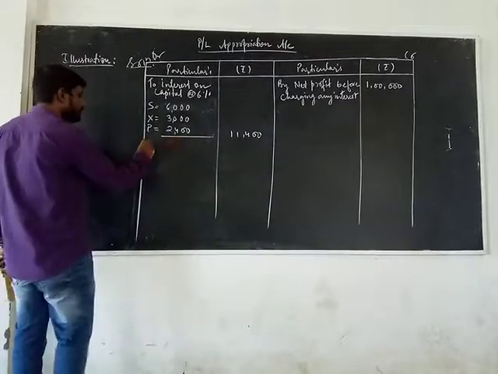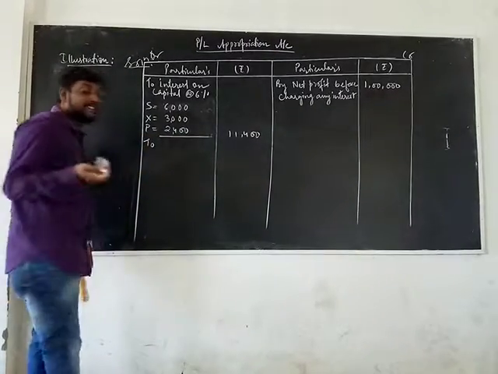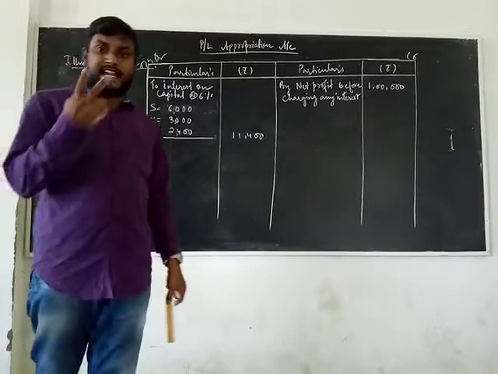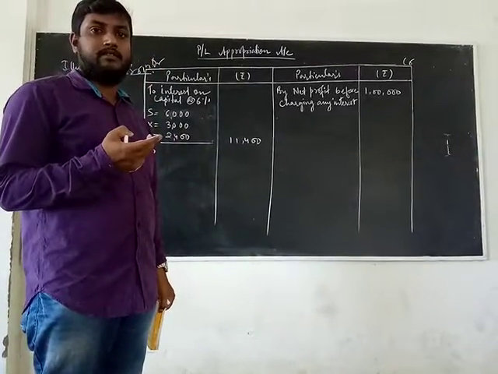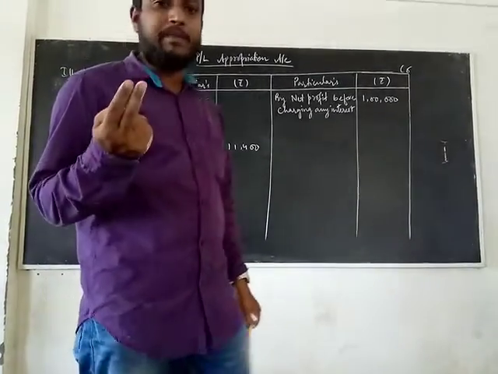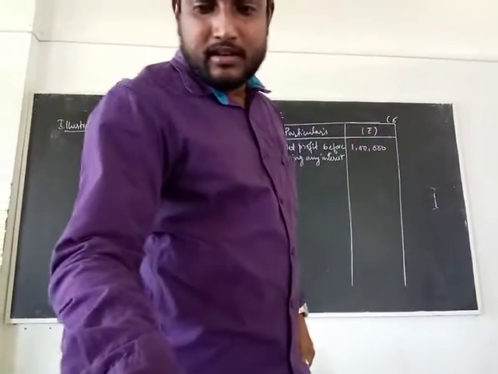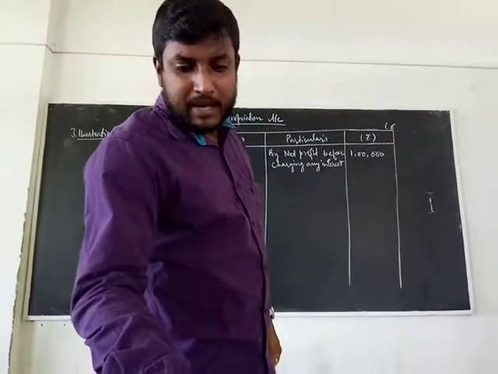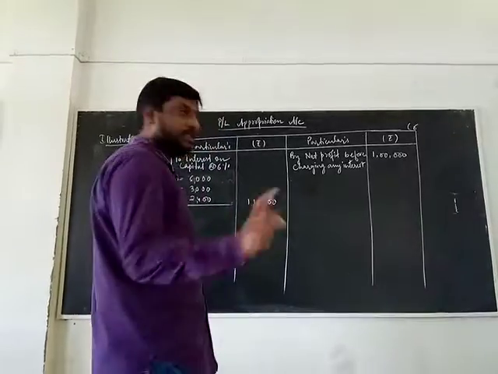Next, to whom was the salary given? The second partner. Who was the second partner? X. Now see, partner X is allowed a salary of rupees 2,000 per month.